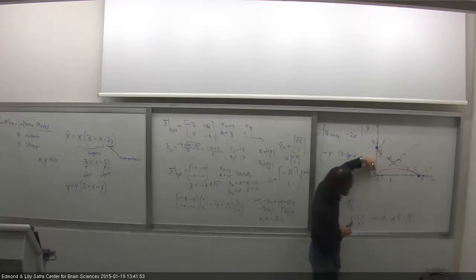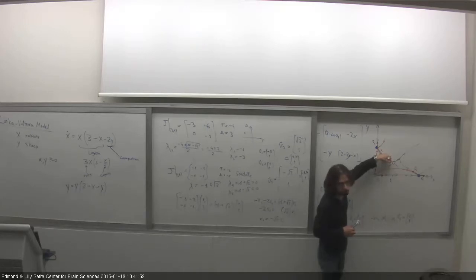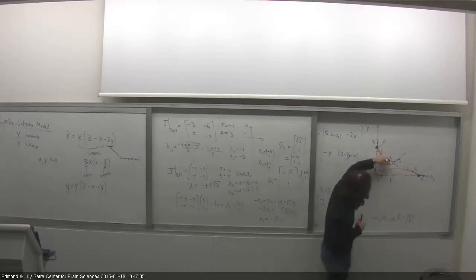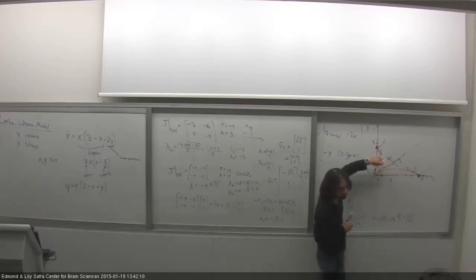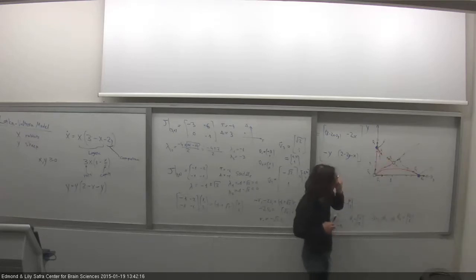We know that there is some trajectory going into the saddle from this direction. And the only place it can originate is here. So we are allowed to connect this. There is a trajectory here going into the saddle. Let's come from there.